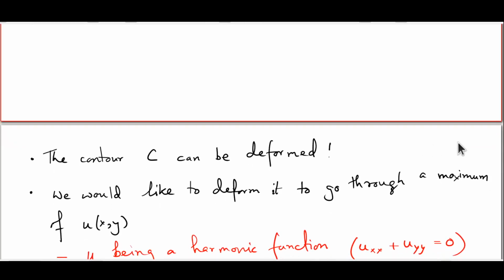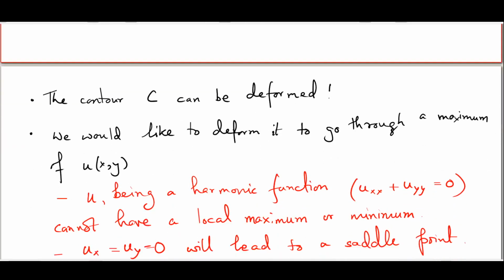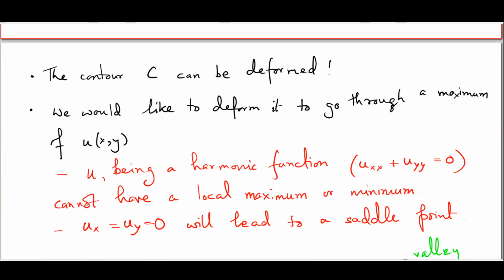Unfortunately, u, which is the real part of an analytic function, is what is called a harmonic function. An immediate consequence of the Cauchy-Riemann conditions is that u_xx plus u_yy, that is, del squared u by del x squared plus del squared u by del y squared, must vanish. And such a function cannot have a local maximum or minimum, simply because the two second derivatives of u with respect to x and y respectively have to have opposite signs.